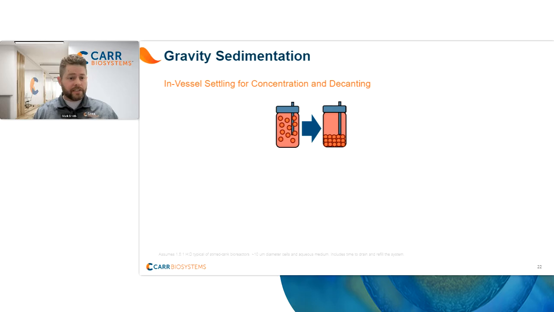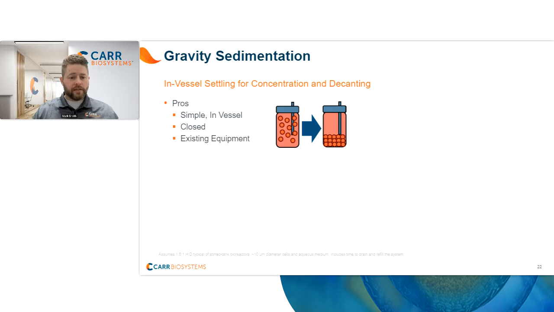So gravity sedimentation, fairly self-explanatory, but this is settling the cells inside the vessel. You're stopping agitation, you're stopping aeration, you're decanting the vessel. So there are some really good pros in this regard. Simple, it's in the vessel, you have existing equipment, and it can typically be done fairly straightforwardly in a closed system manner.